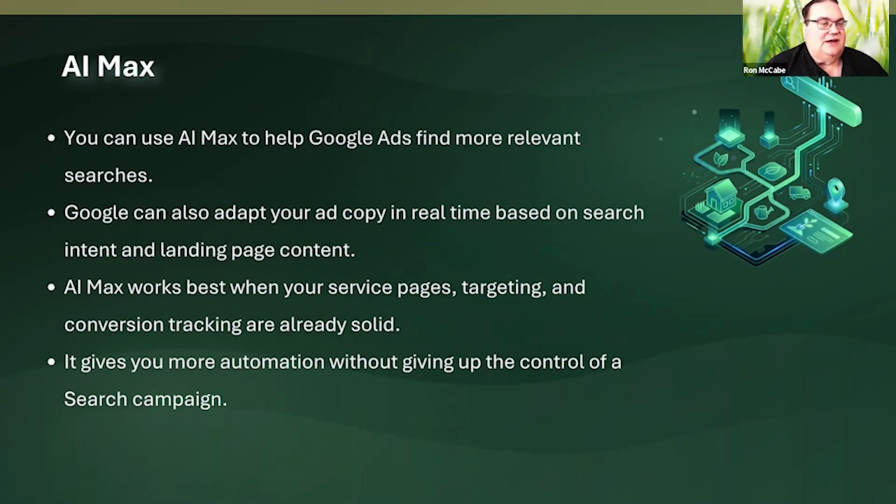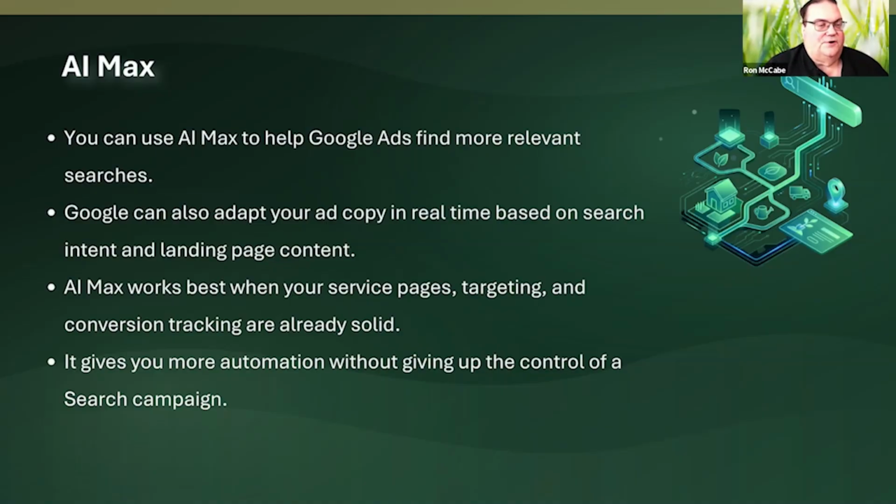And then in the mix, just to make it extra complicated, there's now AI Max, which is AI for Google Ads, and it does some pretty crazy stuff. It's able to adapt the copy based on who's searching and the intent on the landing page.